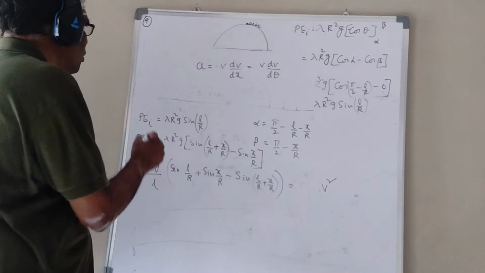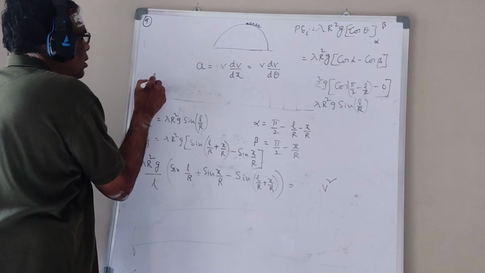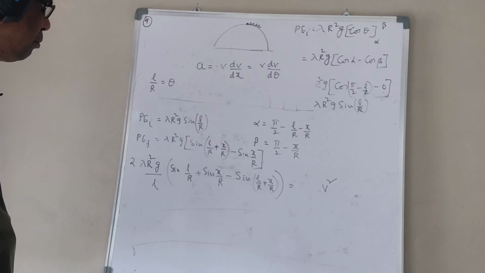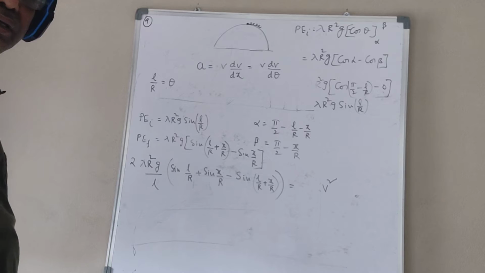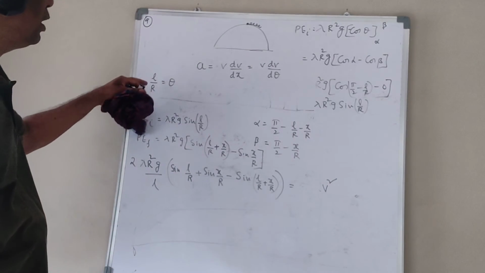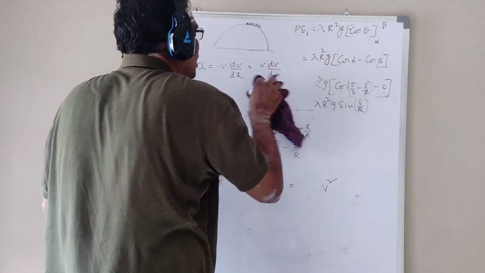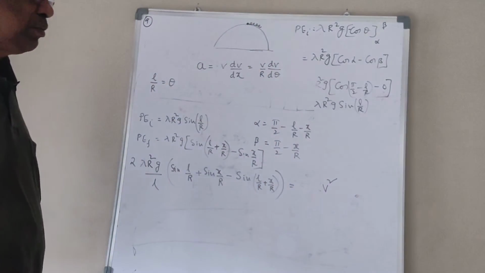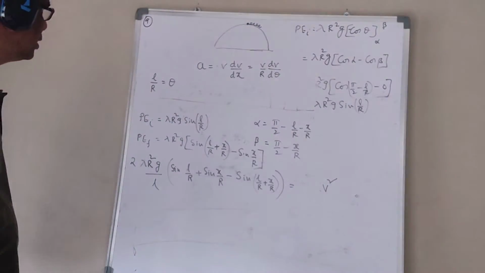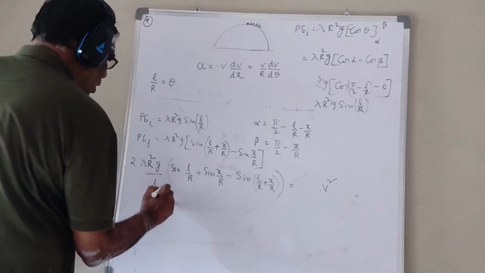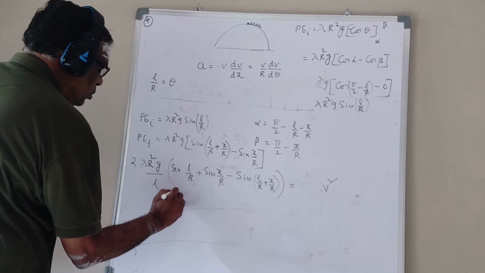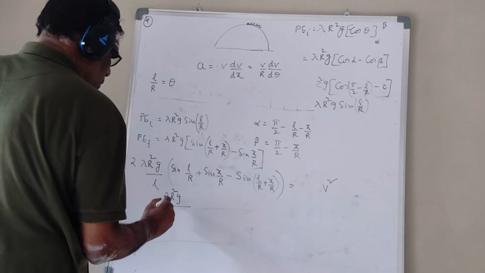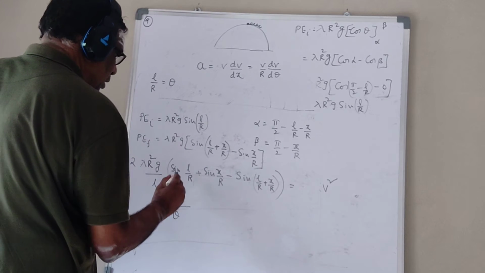What I do, L by R is equal to theta. Because R d theta is that length part there. If I take L by R as theta, what are you getting? 2 R square by G. L, of course, I can write it as R theta here.